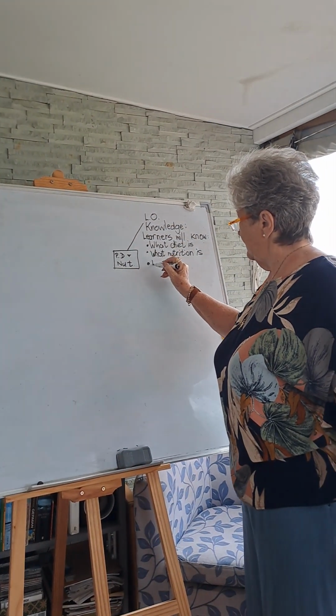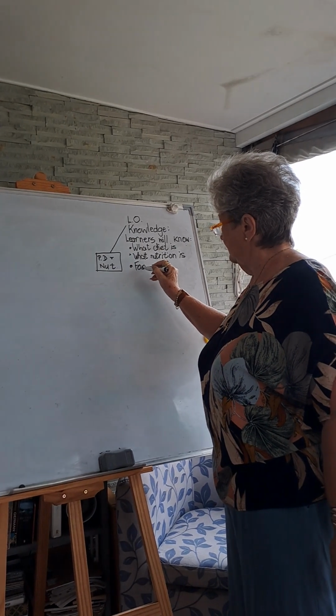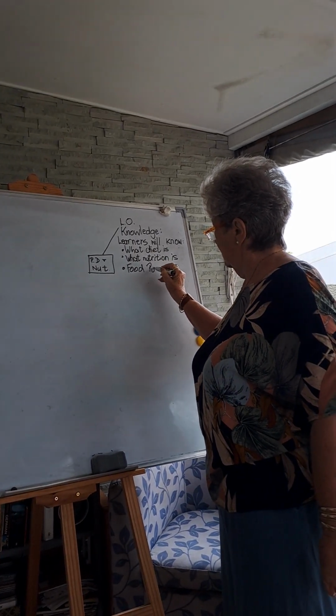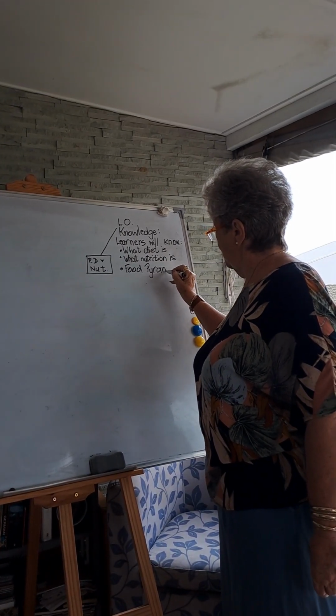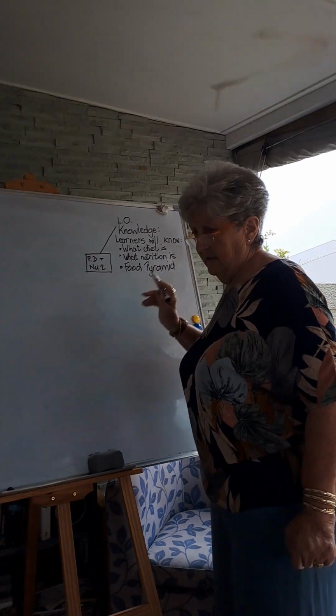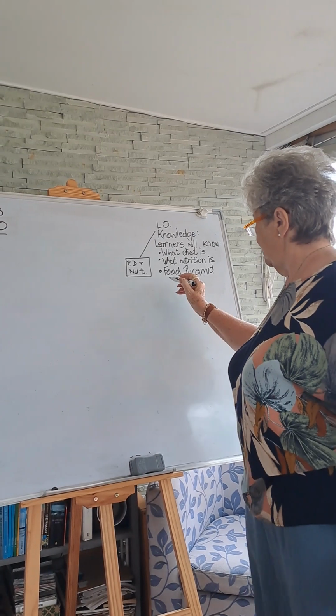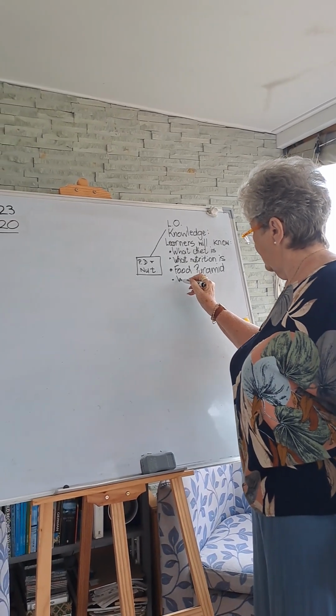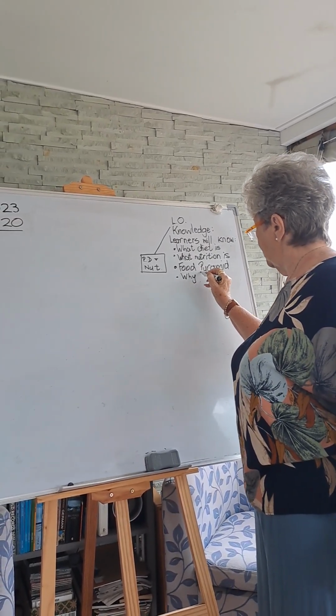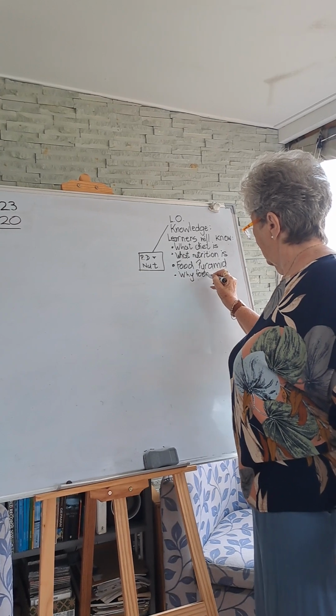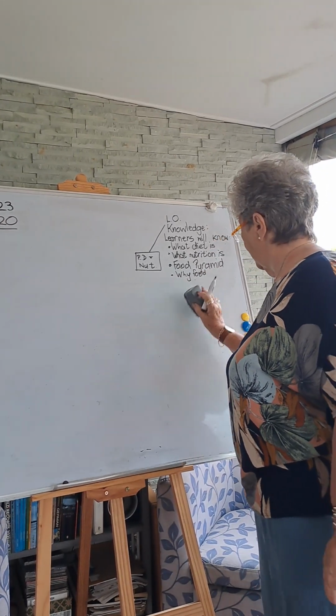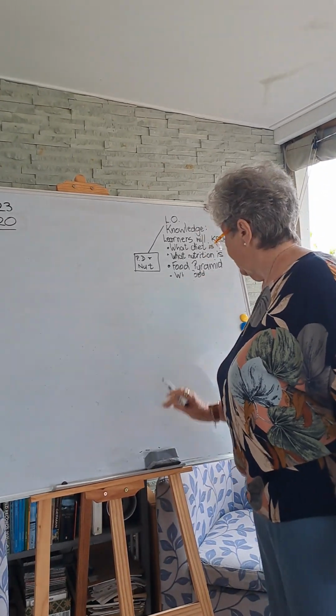I want to teach them about the food pyramid, because I want them to know what classes the foods go into. And then I want them to know why, or what foods rather, are needed by my body.